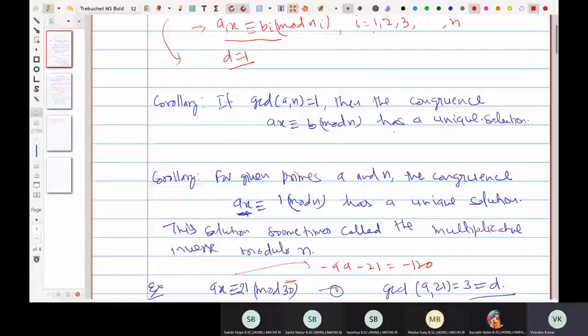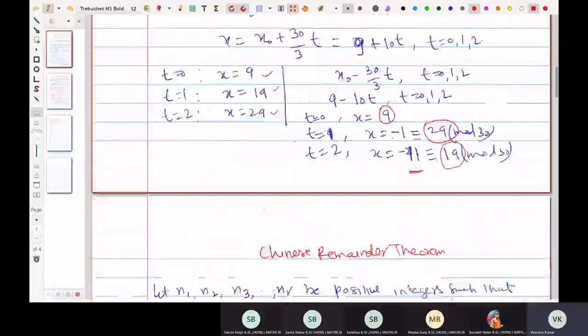So here our m_i is there and n is there already. We are looking for this x, and this x we assumed is m_i bar. So we are using this result here.